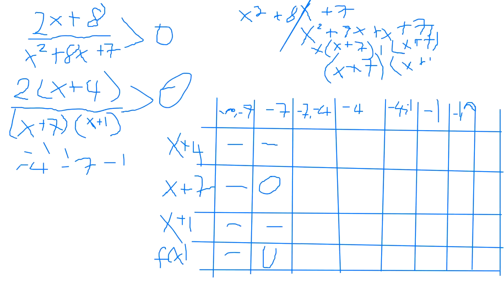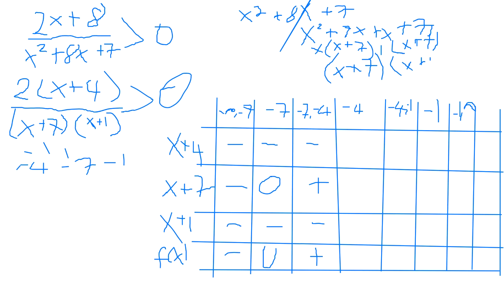When I put negative 5 here, x plus 4, I'll get what? Negative. When I put negative 5 here, what will I get? A positive. When I put it here, what will I get? Negative. Negative, positive, negative will give me what? Positive.